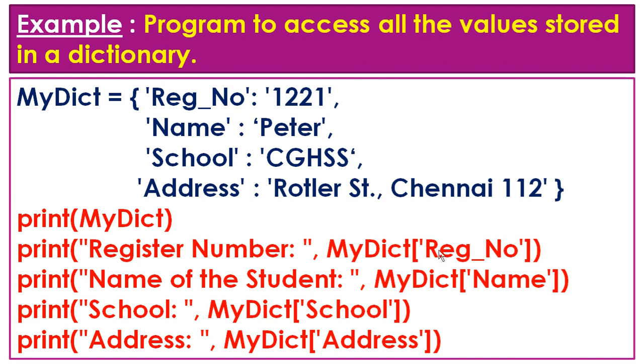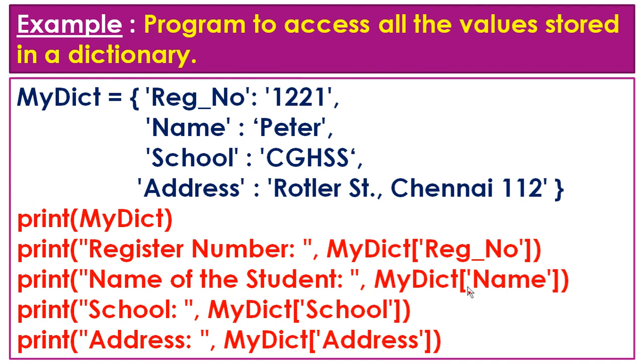This statement is used to print the register number, that is, here we access an element of MyDict: mydict of register number. In this way we can access the elements of a dictionary. Mydict of register number prints only the register number, that is 1221.